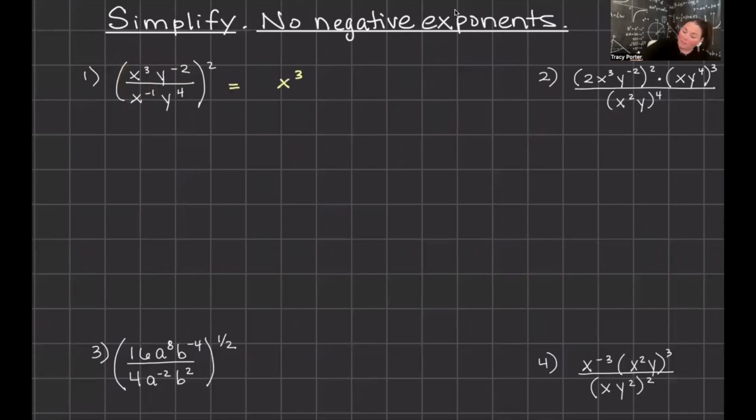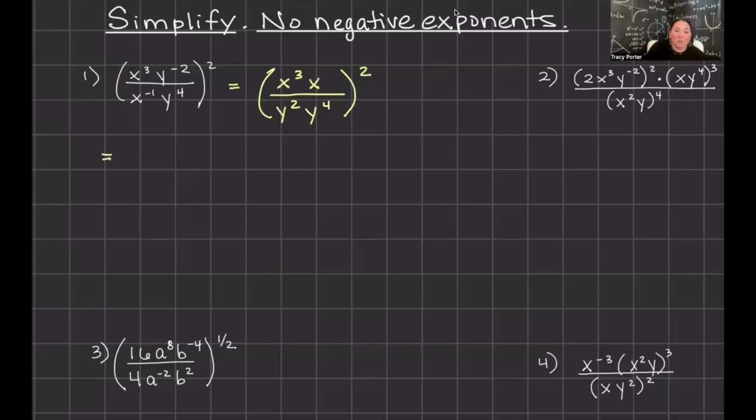Keep my positive 3 for that first one, so I'll have x to the positive 3. But I know y to the negative 2 is going to move down. And then in the denominator, I have an x to the minus 1 power, and I know that can move up. So it's an x to the first power, or we just write x, and then y to the fourth will stay there. And then, of course, all of this is still going to be squared.